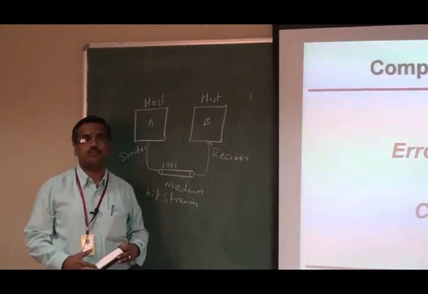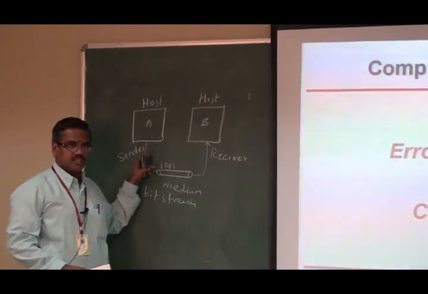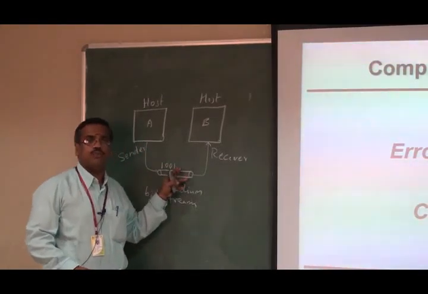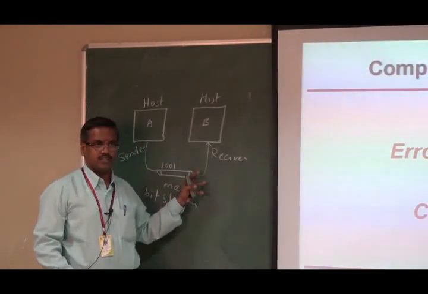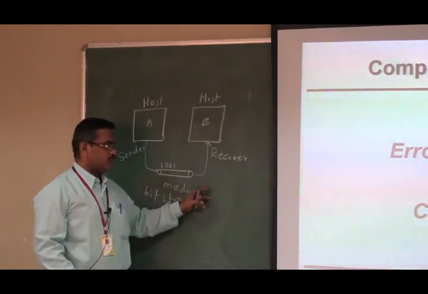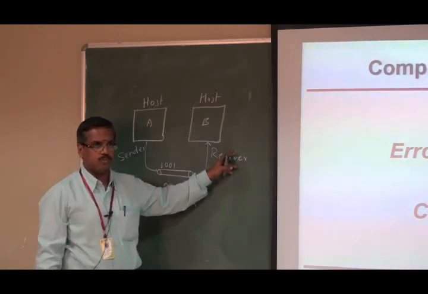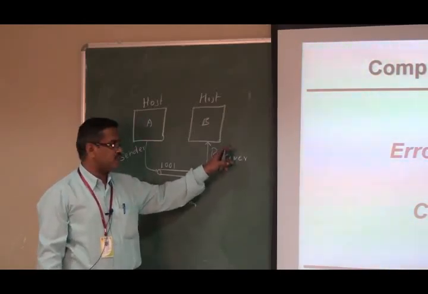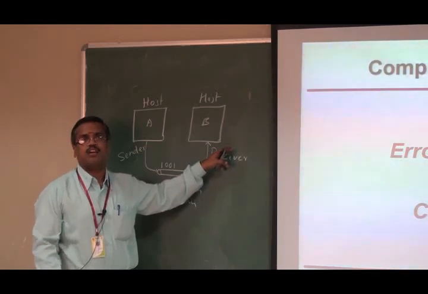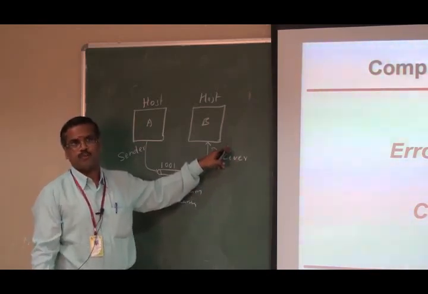Bit streams. When the sender sends a packet or message from one end to the receiver, it is carried by the channel or cable and received by the other system, host B. While receiving this message, we are unaware whether it is correct or not. The sender is also unaware of that.